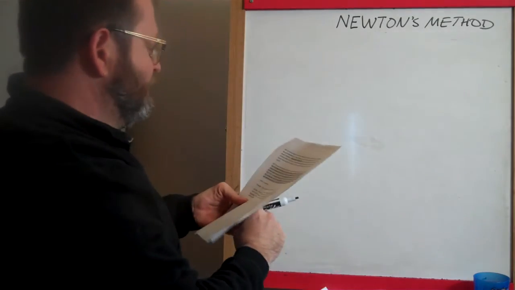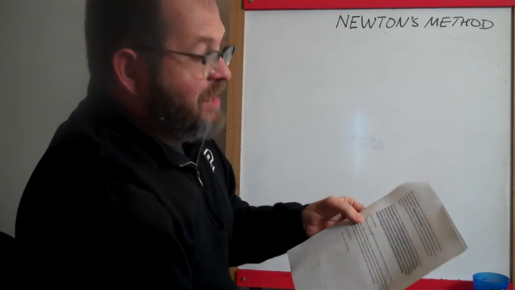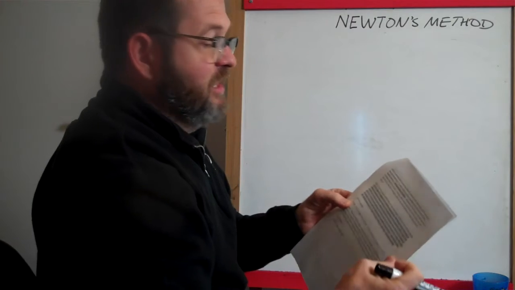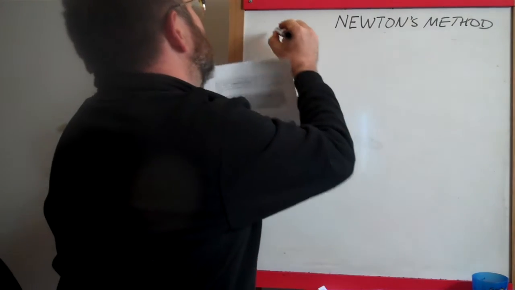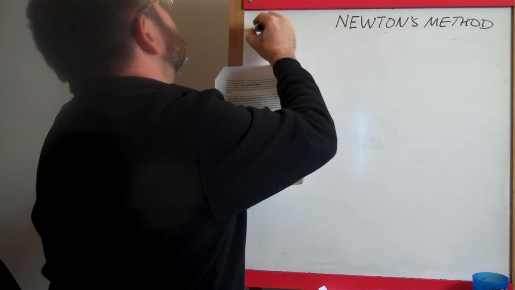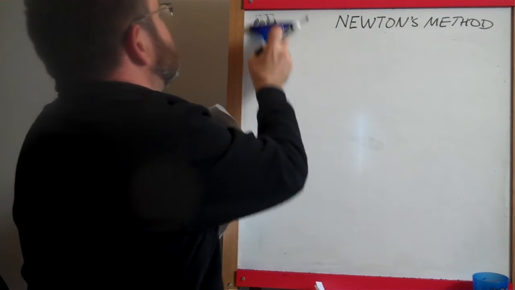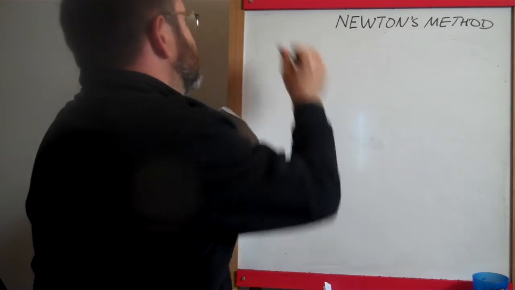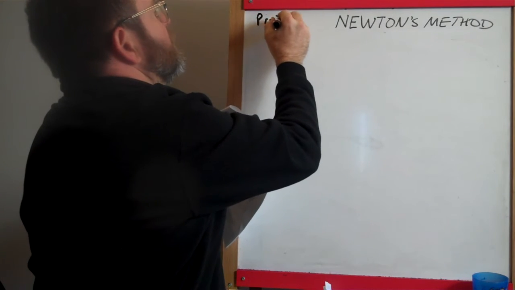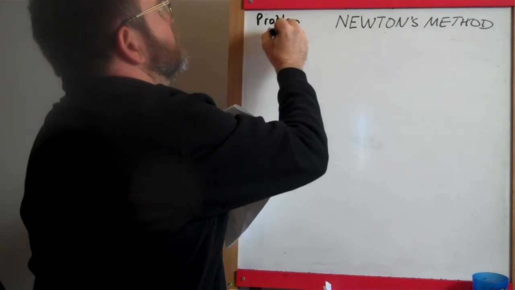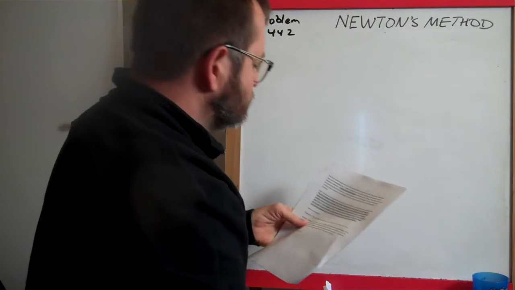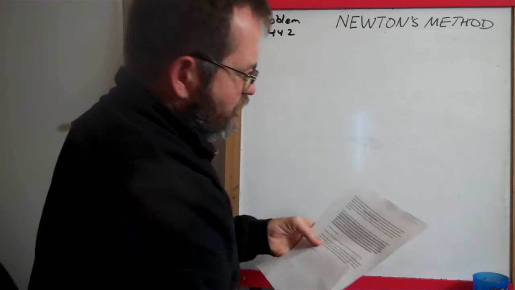So it can often be the case, like for example, I'm going to look at problem 442 in the book. This is on the middle of page 3 of your handout. So let me just say here, this is problem... yeah, let me fix that. I misspelled it. This is going to be problem 442 at the back of the section of the book.